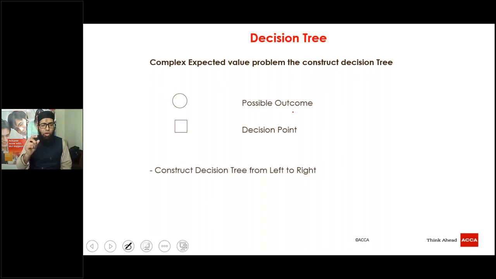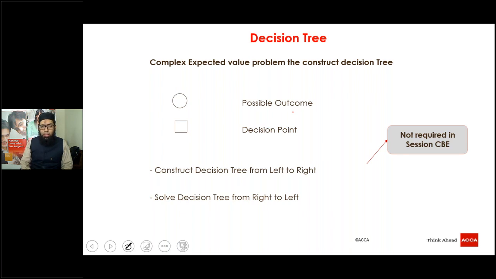And to start off a decision point, I will use a square. So I will portray the complex situation in a decision tree. It is important to note that we construct the decision tree from left to right, but when it comes to solving the decision tree, it will be from right to left.